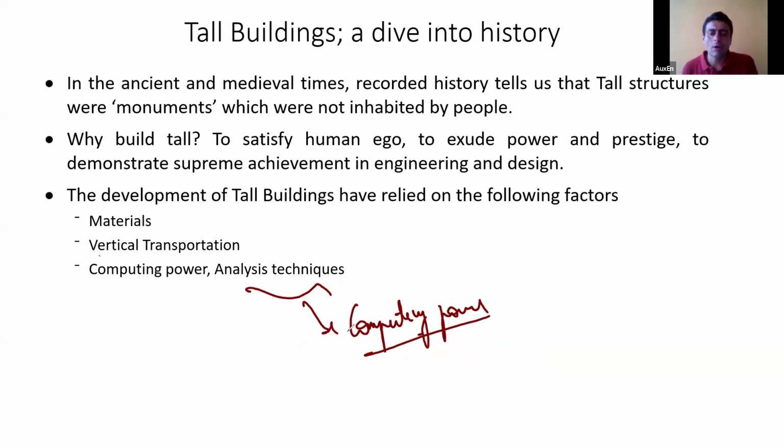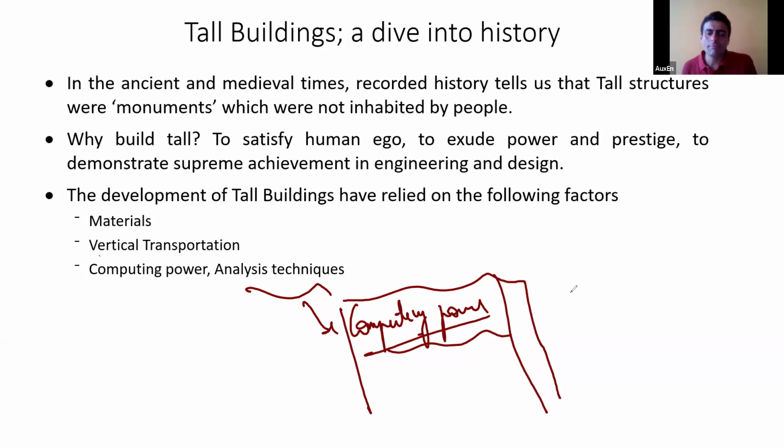Now, because of improved computing power, it was possible for people to analyze them to find the moments, shears, etc., and then design them. See, designing is simple if you are able to analyze it properly. You get it? If you are able to analyze, design is not a problem.